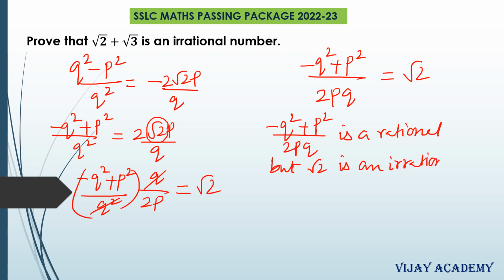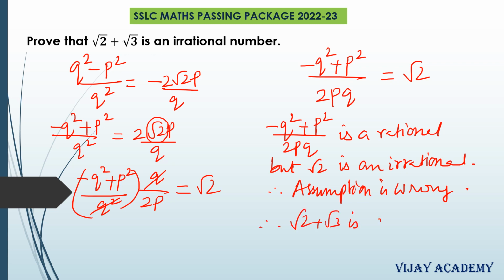So this is not possible according to the fundamental theorem of arithmetic. Therefore the assumption is wrong. Therefore we can write root 2 plus root 3 is an irrational number.